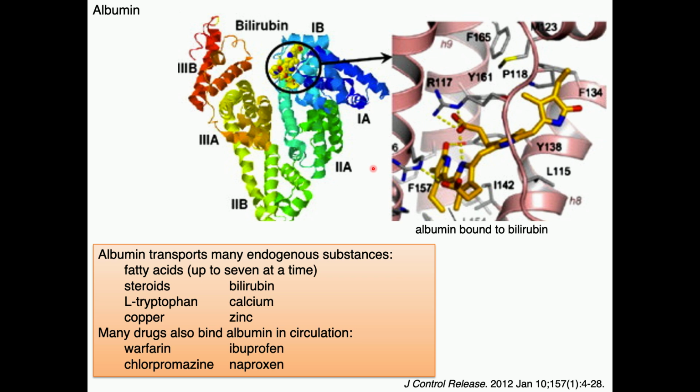Now that binding and delivery of things by albumin, that's not purely within the circulation. It's not just delivering it to an endothelial cell, but albumin has this property of being amenable to transendothelial transport through interaction with a receptor that's present on endothelial cells.